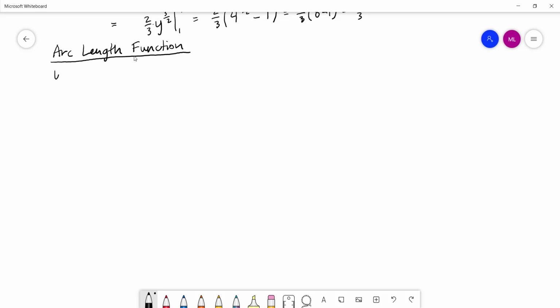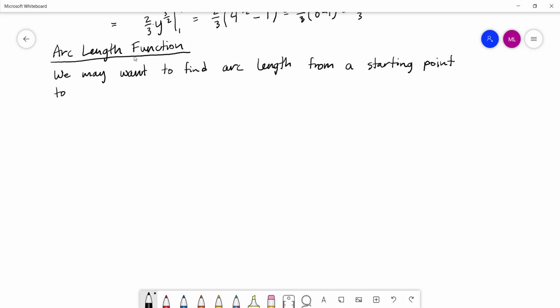So we'll often want to find the arc length from some starting point to any other point on the curve.